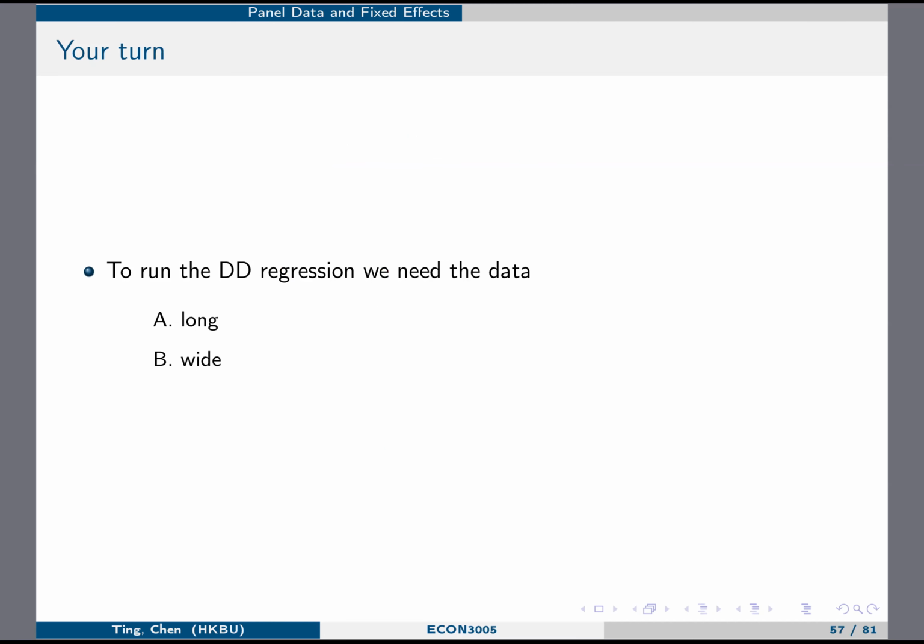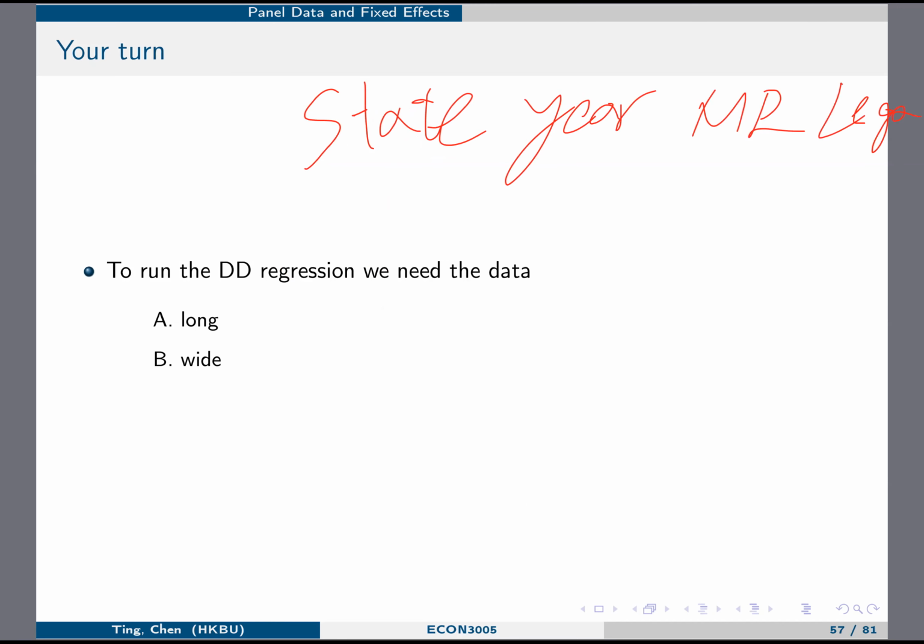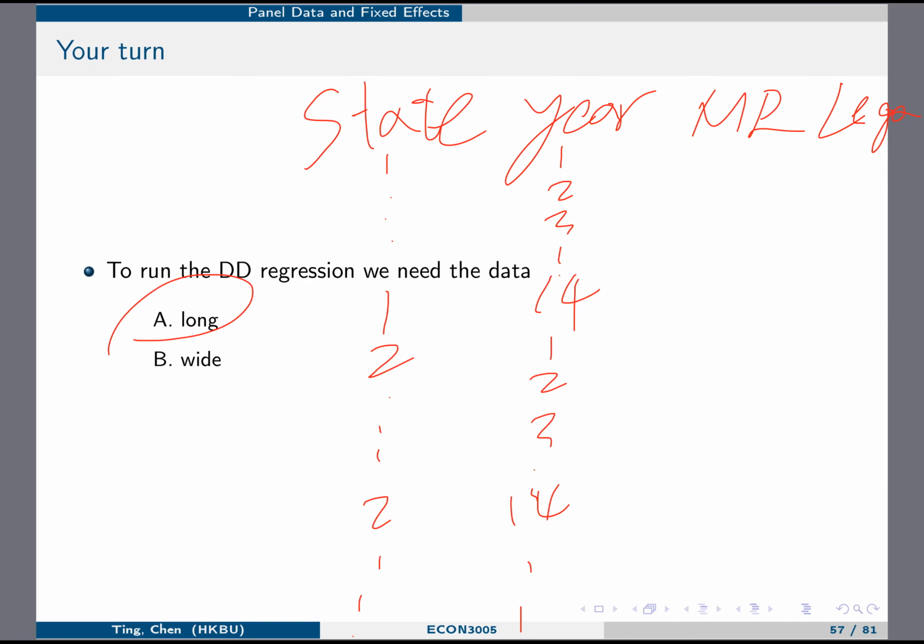I should write it this way: the state, year, mortality rate, and then the legal drinking age. State 1, years 1, 2, 3, up to 40. Then the second state, 1, 2, 3, up to 40, and so on. So this should be the data I have, right? Each observation is for one state and one year, so it is exactly the long format that we need.